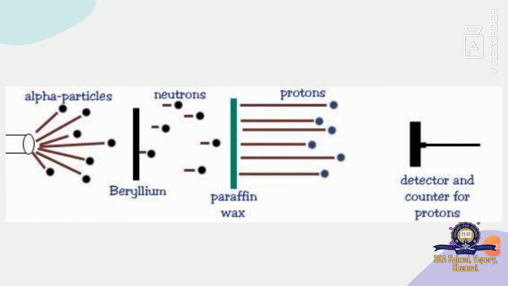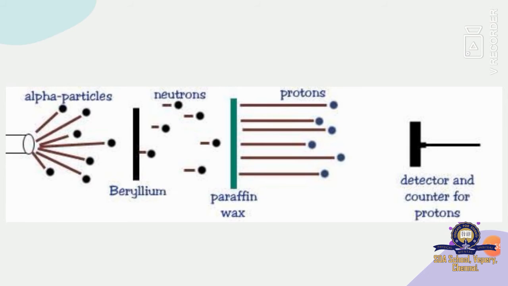James Chadwick bombarded the element with alpha particle, that is beryllium with alpha particle. He is bombarding both element and alpha particle, and he observed that carbon and neutron are emitted in the reaction.